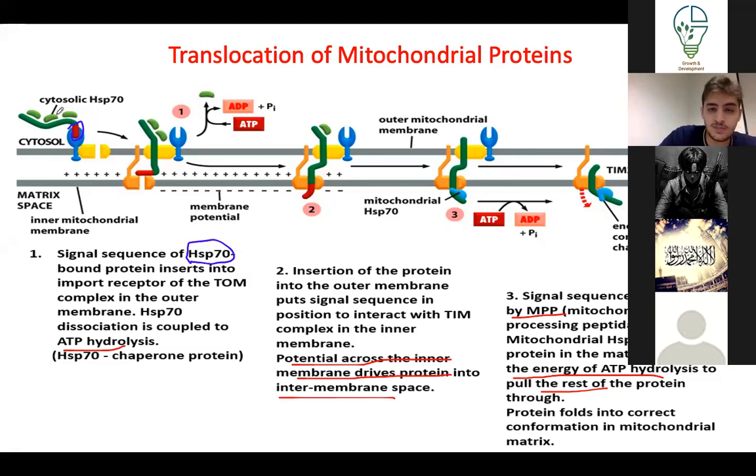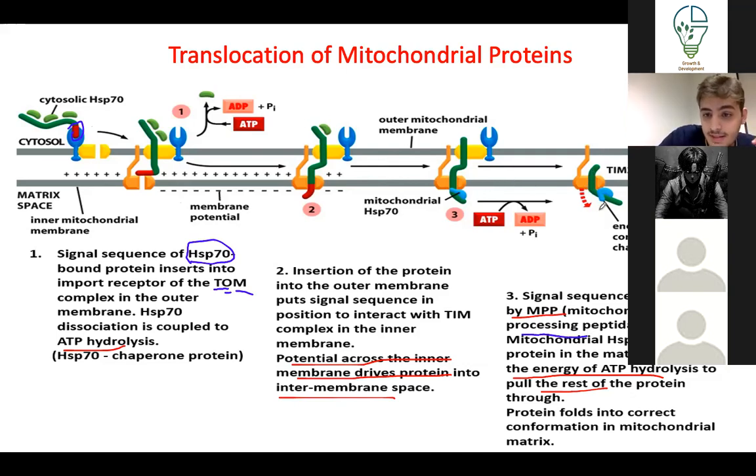So HSP70 unfolds the protein and allows for its transport into the mitochondria. You have a translocase on the outer membrane, TOM, which binds to the signal sequence, letting it in. And then with the HSP70 allowing the protein in, the signal sequence is cleaved by mitochondrial processing peptidase, just like in the rough endoplasmic reticulum.